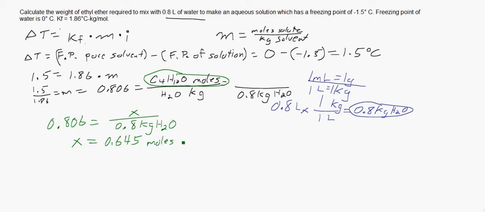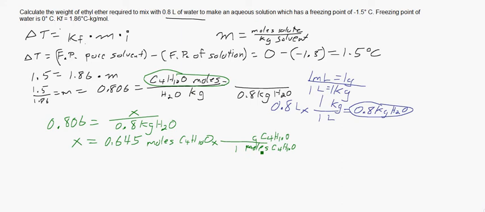Moles of C4H10O. Alright, so we now have a molar value. And again, the question's asking you to calculate the weight of ethyl ether required. Well, if you're given moles, you can easily find the mass, which is the same thing as weight. All you have to do is convert right to grams. We now need grams of C4H10O, and we want to get rid of these moles of C4H10O, or ethyl ether.